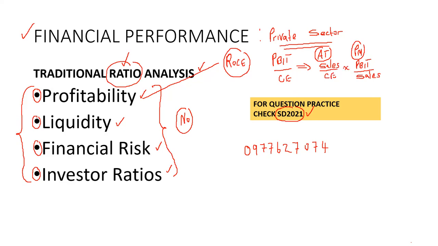And when you multiply those two, you get back to your return on capital employed. So primarily, the profitability of the company is measured by looking at your ROCE, the asset turnover, and the profit margins. So that's how we do that.